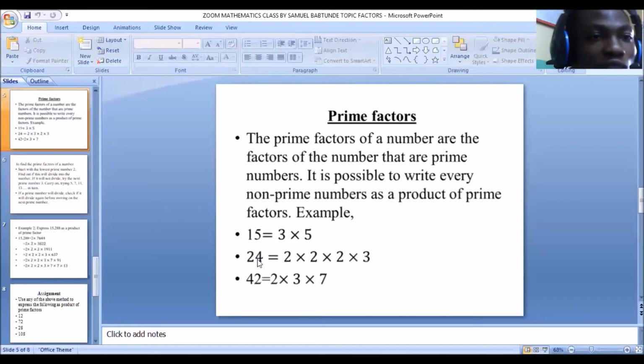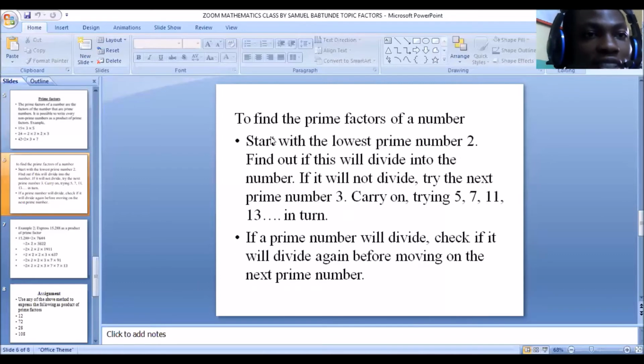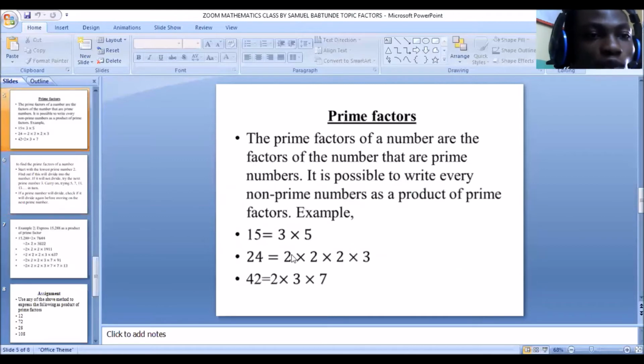Now let me show you what this statement means. We have 24 here. The first point says start with the lowest prime number, which is 2. Now, I start with 2. Definitely, 2 is a prime number, and it goes into 24. So 24 is divisible by 2. I don't need to jump to 3 now, because 24 is divisible by 2. Now, if 24 is divided by 2, what will be left? I'll have 12 left. Now, check if 2 can divide it again, that's what the second point is saying.